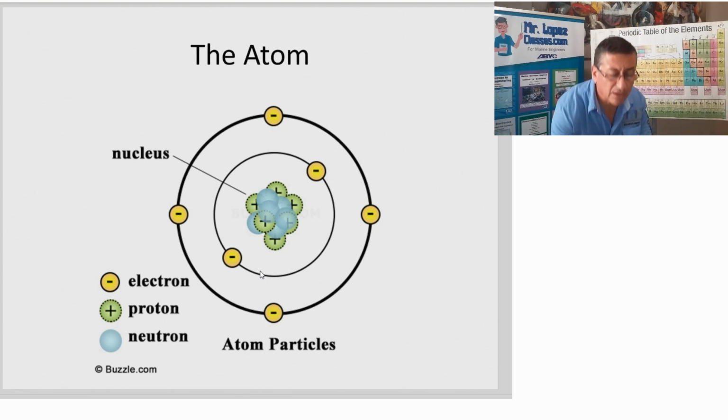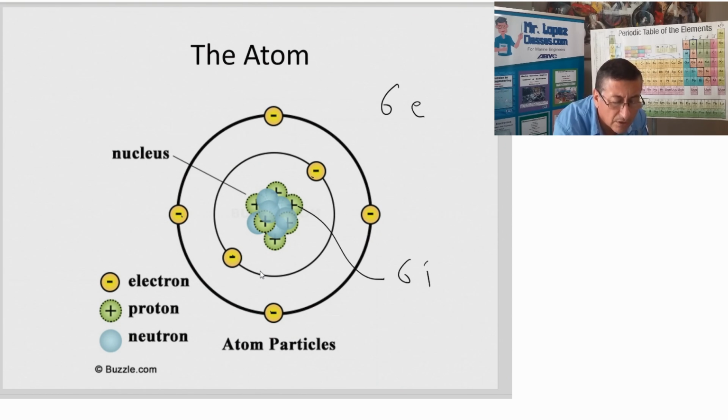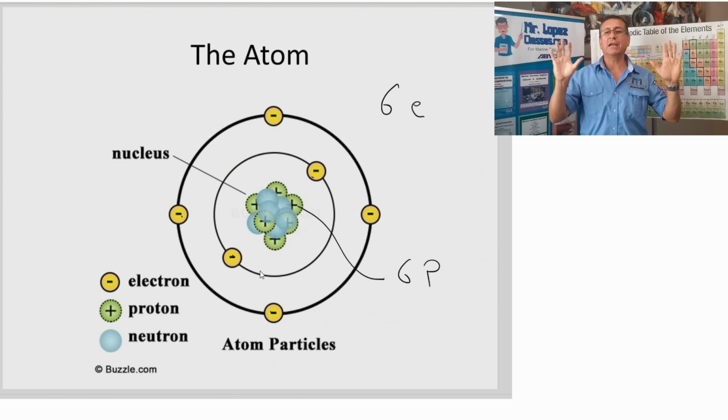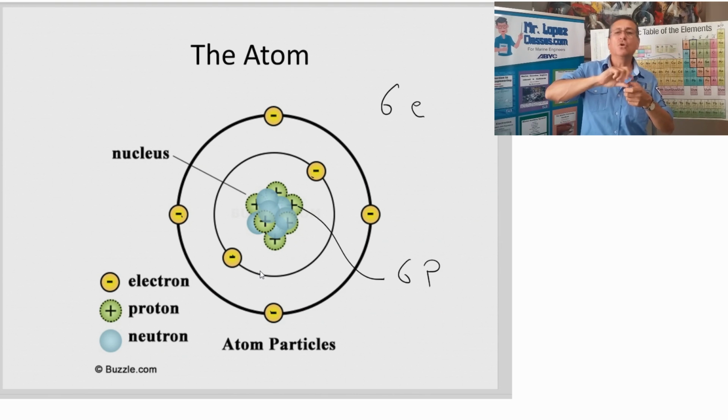For example, if this atom has 1, 2, 3, 4, 5, 6 electrons, then in the nucleus there are 6 protons. In other words, all the atoms are internally stable. The same amount of protons in the nucleus is equal to the amount of electrons in the orbits. That's the most important part. That amount of protons or electrons is the atomic number.